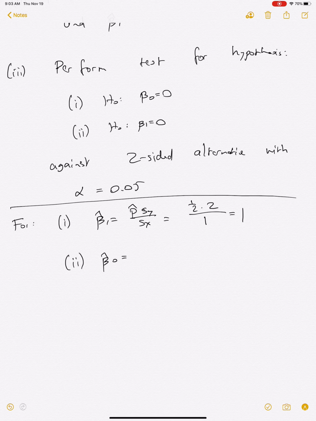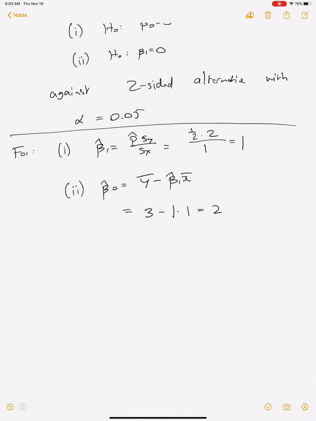Beta hat 0 is equal to y bar minus beta hat 1 x bar. Y bar here is 3, beta hat 1 is 1 and x bar is 1, and so that just is 2.